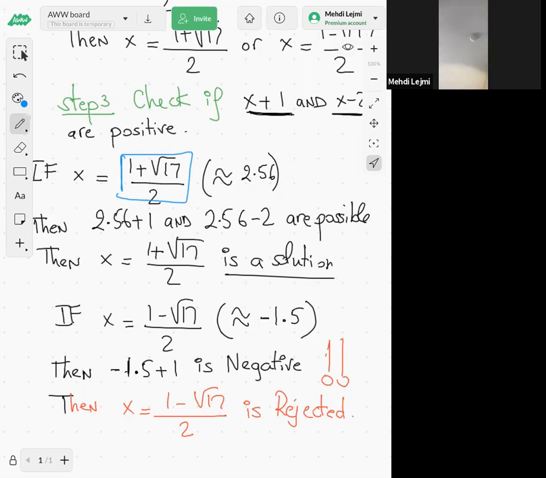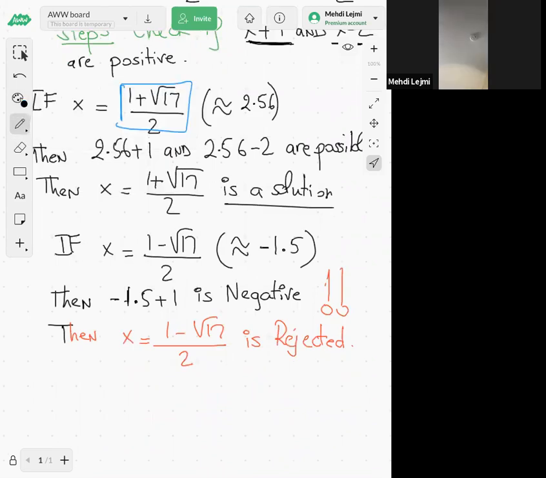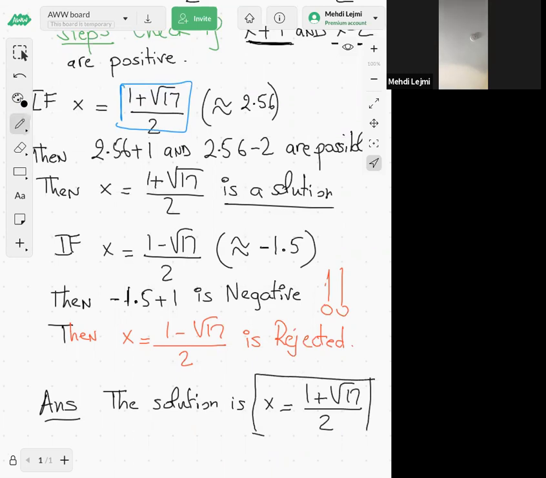So the final answer: the solution is x equal to 1 plus square root of 17 over 2. We have only one solution.